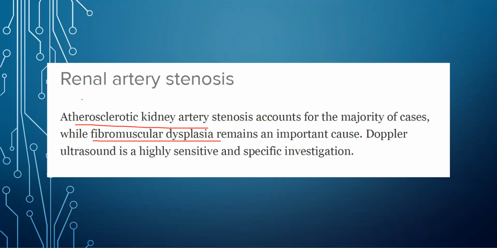Initial investigation for renal artery stenosis, you can check plasma renin activity. Plasma renin activity is usually elevated in case of renal artery stenosis. And diagnostic is the Doppler ultrasound of the renal artery.